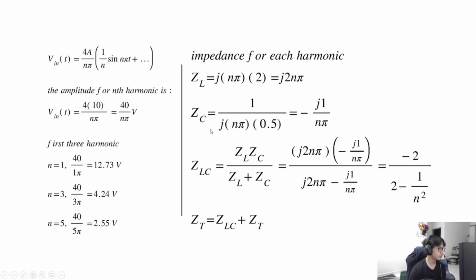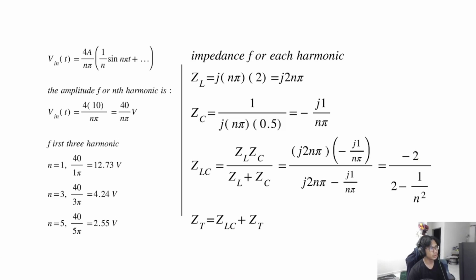The amplitude for the nth harmonic is V equals 4 times 10 over n pi, equal to 40 over n pi. For the first three harmonics, for n equals 1, we get 12.73 volts; for n equals 3, 4.24 volts; and for n equals 5, 2.55 volts.